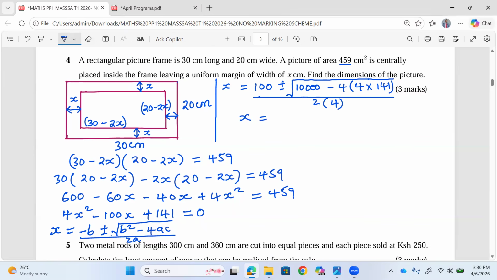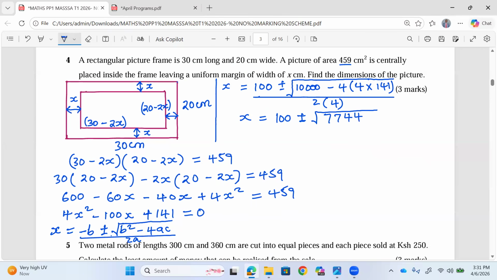x shall be 100 plus or minus. Let me multiply first: 4 times 4, then times 141. This is 2256. So 10,000 minus 2256, I'm getting 7744, sorry.